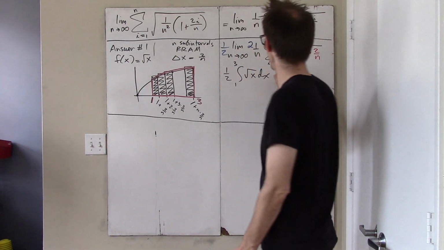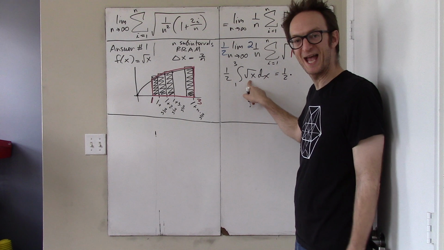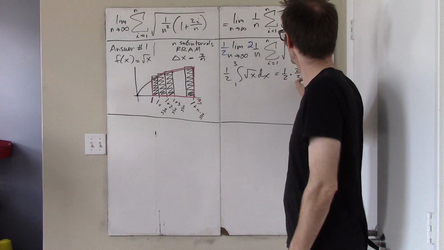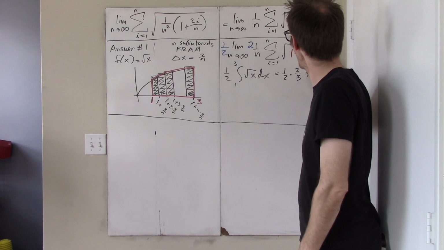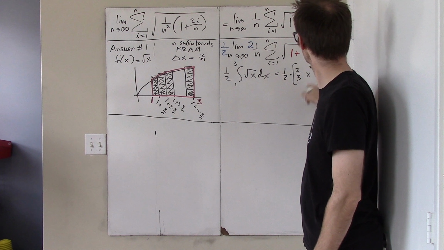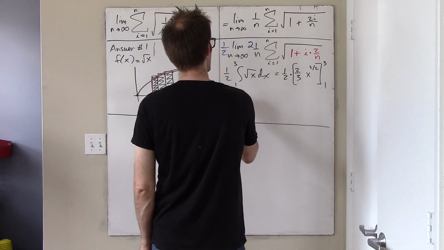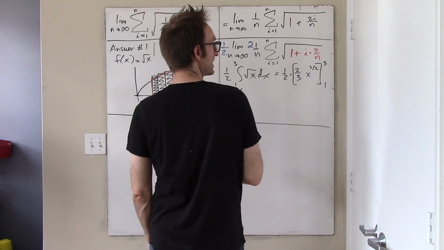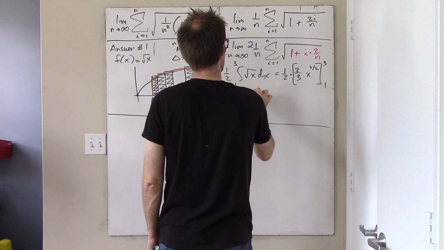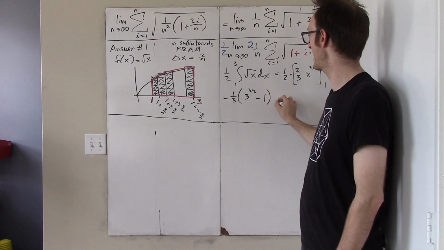We can just use the FTC, and we get 1/2 times, what's the antiderivative of x to the 1/2? It's 2/3 x to the 3/2 evaluated at 3 and 1. And so we get 1/3 times 3 to the 3/2 minus 1 to the 3/2.